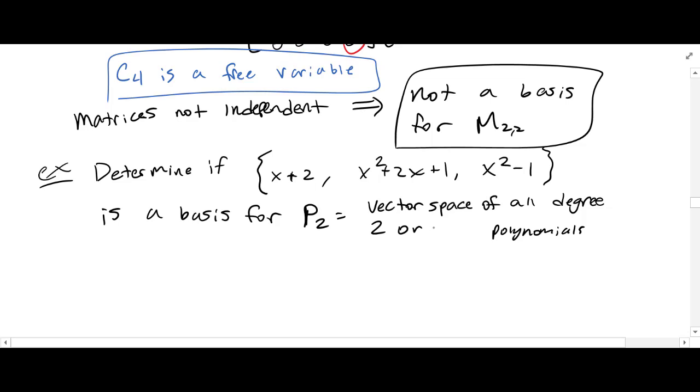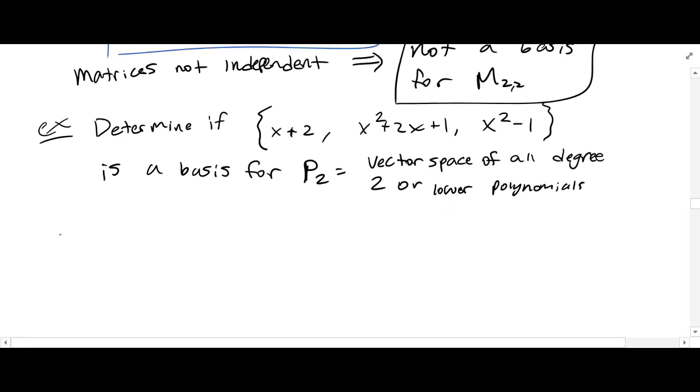You can't say the set of all degree exactly 2 polynomials, because that's not a vector space. But you can say degree 2 or lower. So we need to check that these are independent. So we'll check independence.